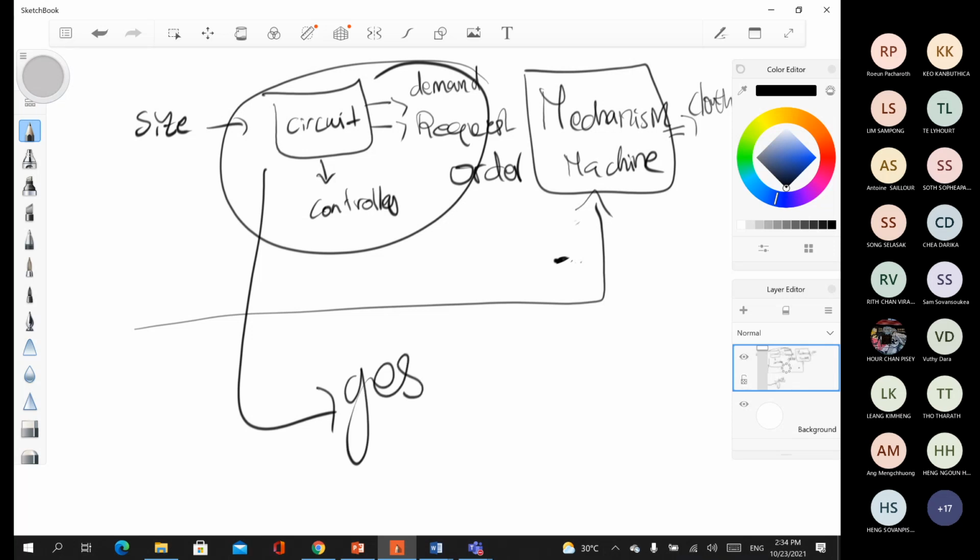But if I focus on this area, I will say no. Mechanisms, machines, mechanics are also science that can be represented by mathematics. But in this one, the control part, it is just components. It may be controlled by the circuit, or we can say a controller here. The controller is combined as a brain.